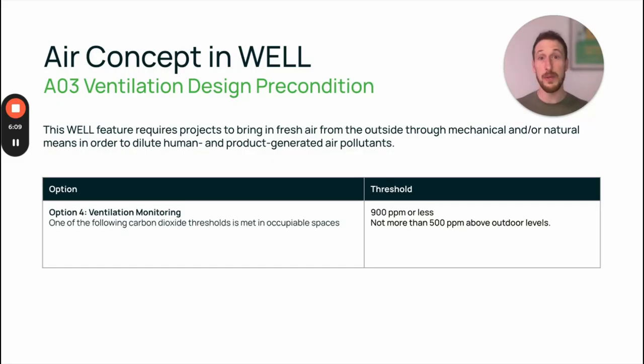This is not a place where you can use performance testing, because performance testing would just be a point-in-time check on one day. There's no way to understand the overall performance of ventilation in a building by measuring one specific point in time on one specific day. And that's really the beauty of continuous monitoring, is that it gives you a long enough data set to actually understand that, yes, this building is well enough ventilated.